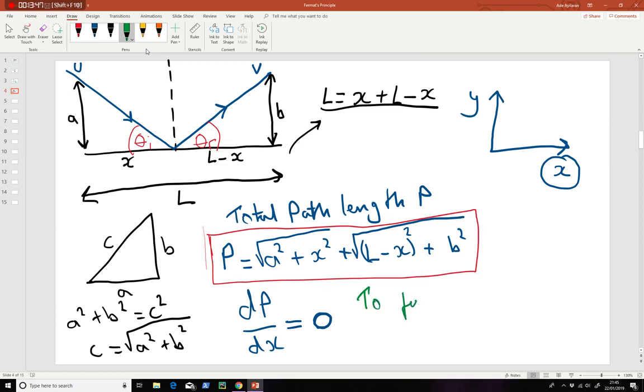So we set rates of change to find minimum or maximum points. Right, so let us continue.